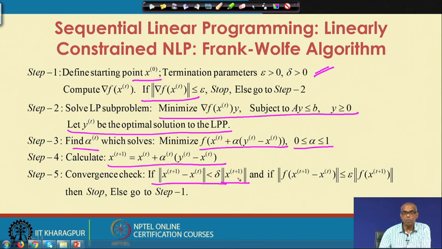If the difference between x t plus 1 and x t is very small, or the function value at x t plus 1 minus x t can be written as less than epsilon into function value x t plus 1 mod of that, we will stop.